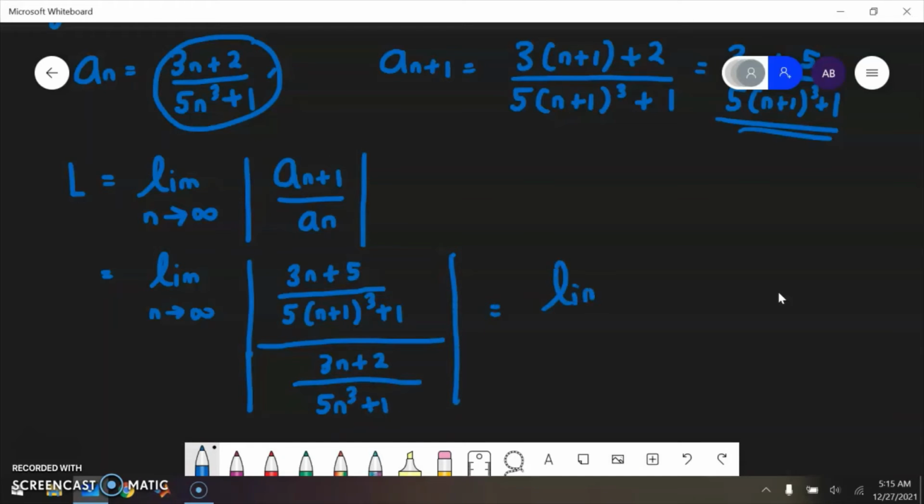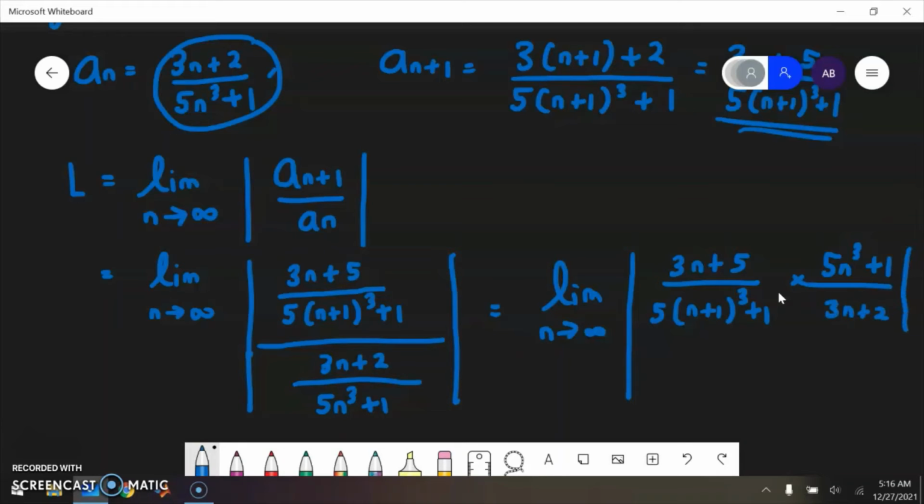Now you can swap the numerator and the denominator, so I have the absolute value of (3n plus 5) over (5(n+1) cubed plus 1) multiplied by (5n cubed plus 1) over (3n plus 2). It's not that long anyway. So this is what you get.